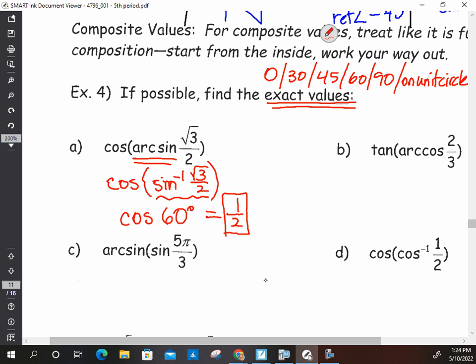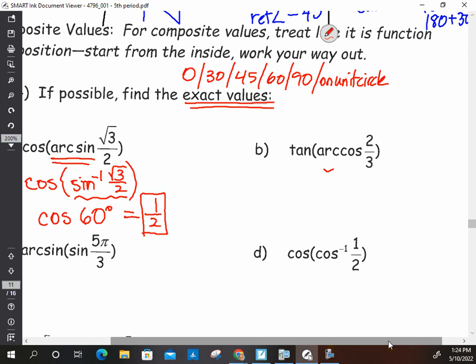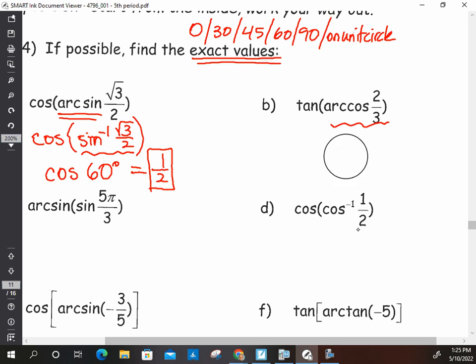So to illustrate that, part B. If you do that in the calculator, you're going to get an answer that's not one of the unit circle numbers. So arc cosine of 2/3 should give you 48 point something. 48.189, and so on.